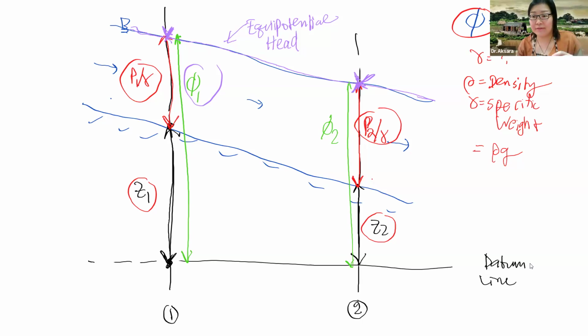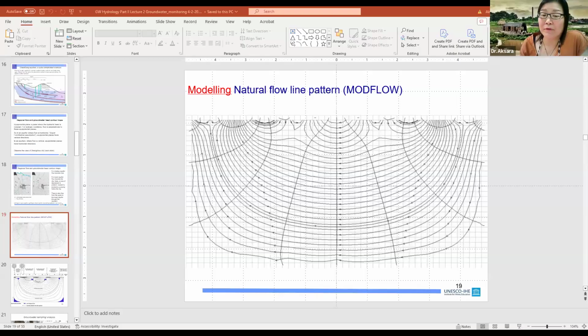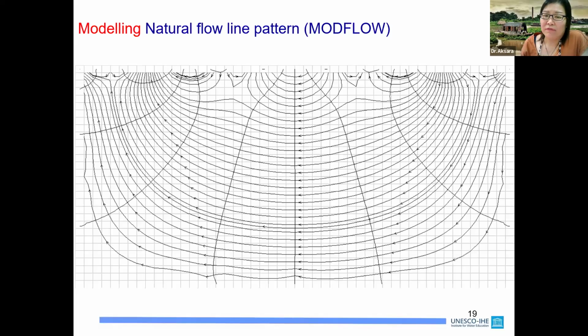I'm going to get back to our PowerPoint. For groundwater, we also have a flow net. That is the network of streamlines and equipotential lines.